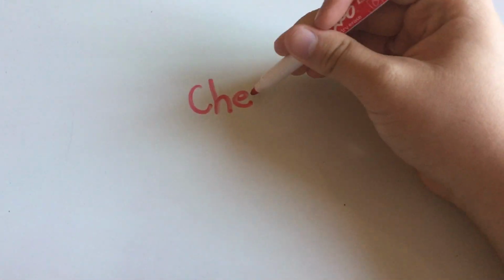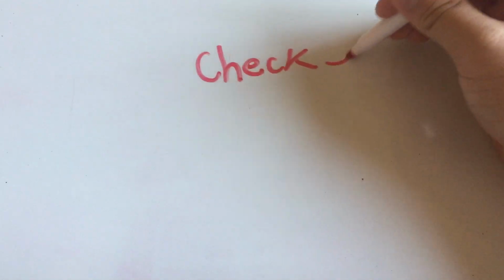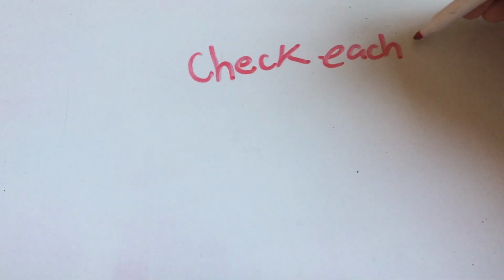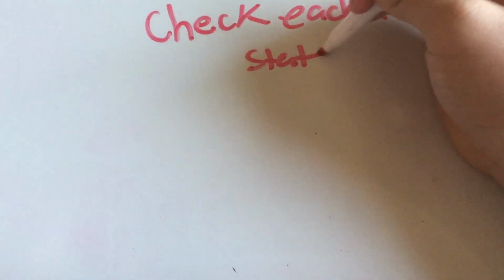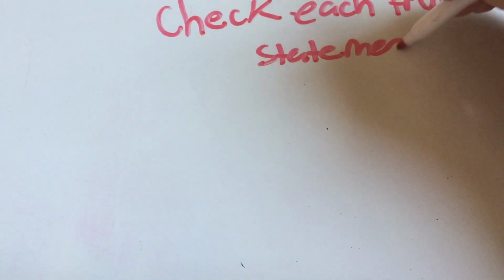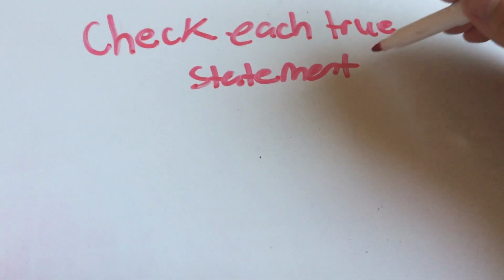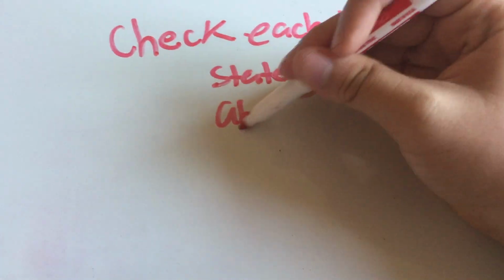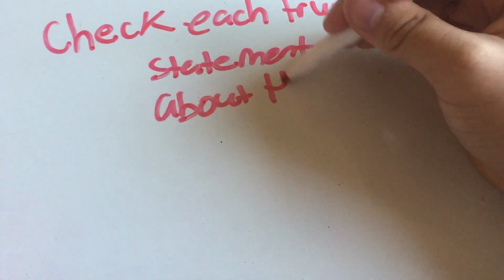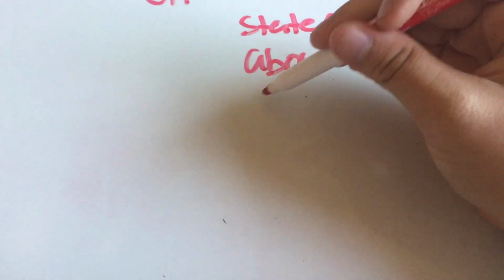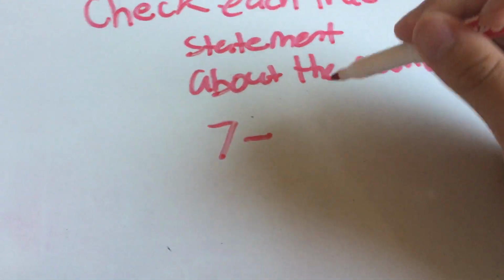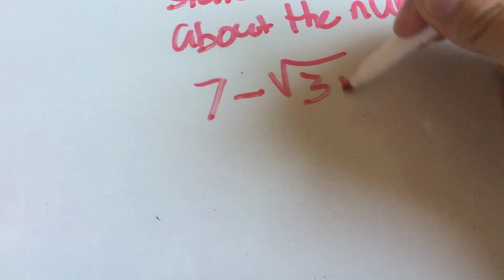Okay. A little question right here. Check each true statement about the number 7 minus square root of 3i.